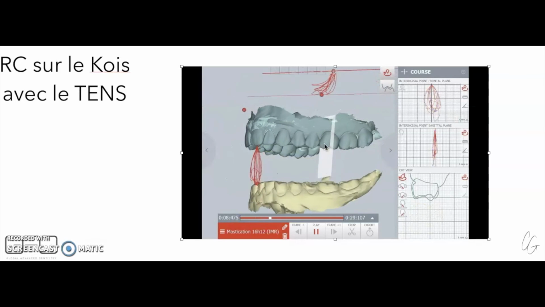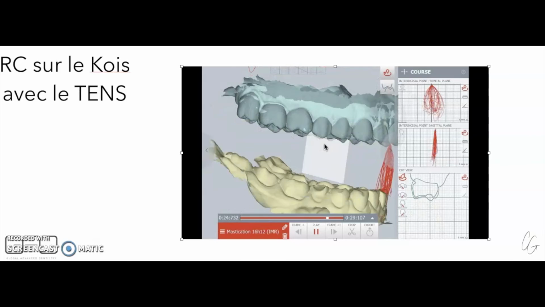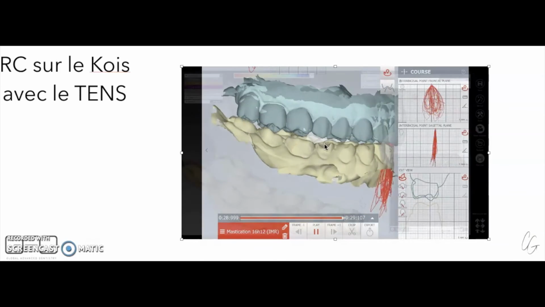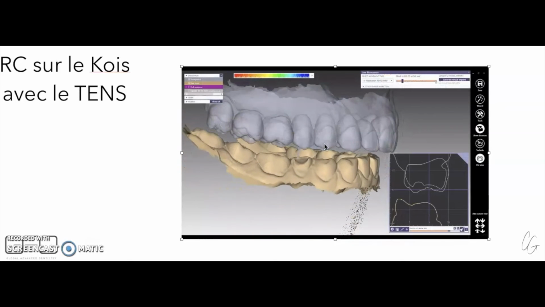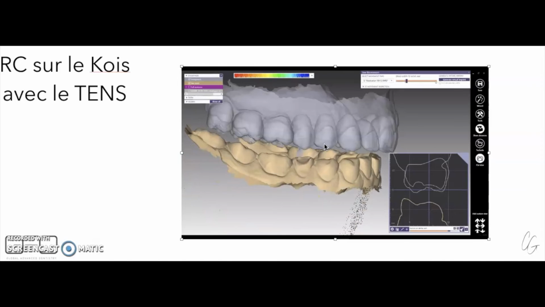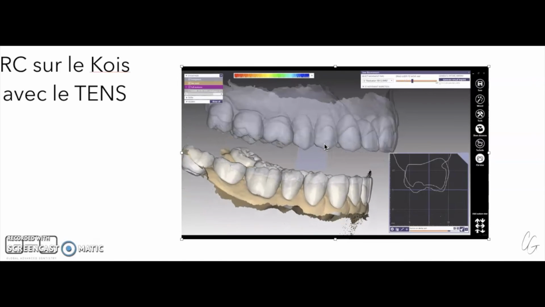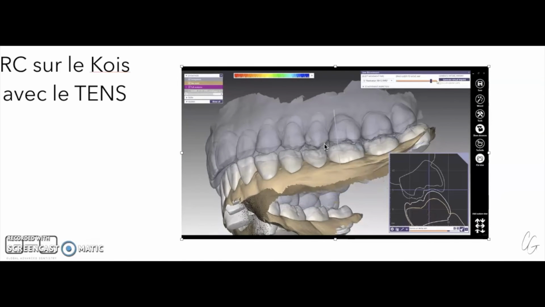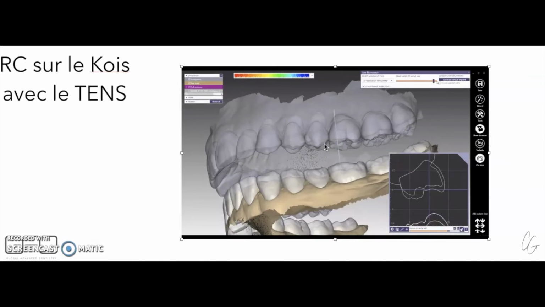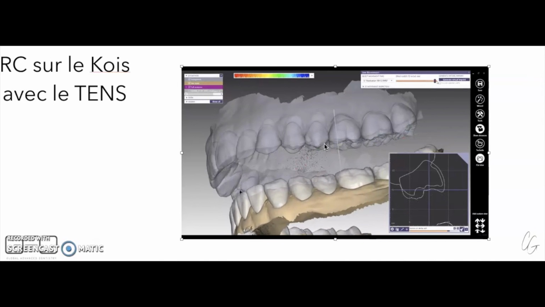And also I can transfer the cycle of mastication to the laboratory in ExoCAD, and when my lab creates the final restoration, it creates it with the cycle of mastication. So it creates something really functional.